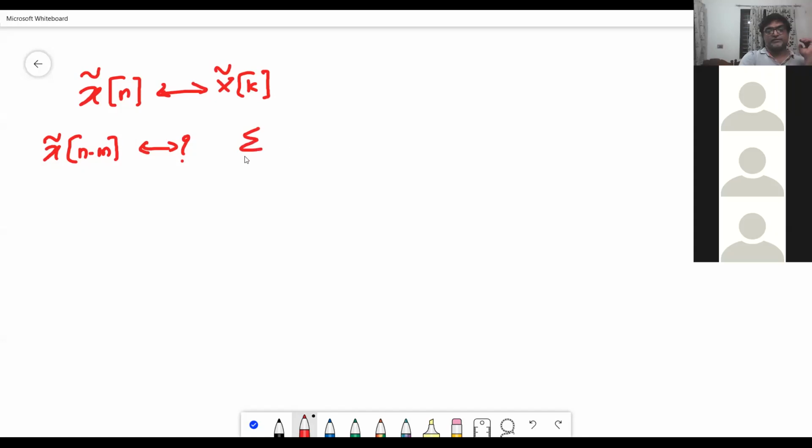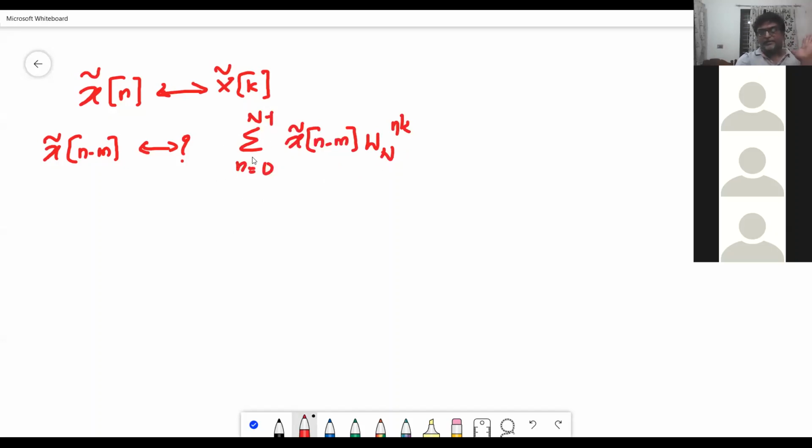So the analysis equation states sigma n equal to 0 to N minus 1 x tilde of n minus m, W_N raised to nk. So this is a summation over a period.